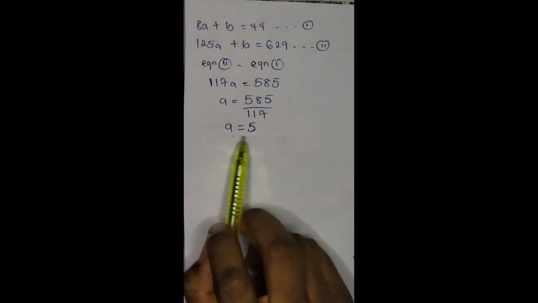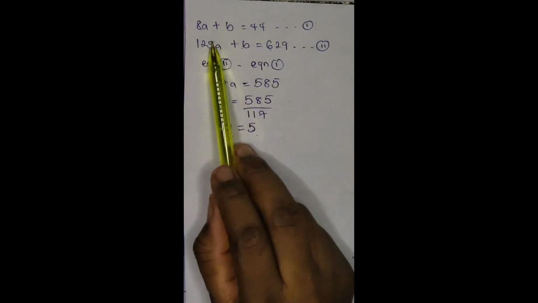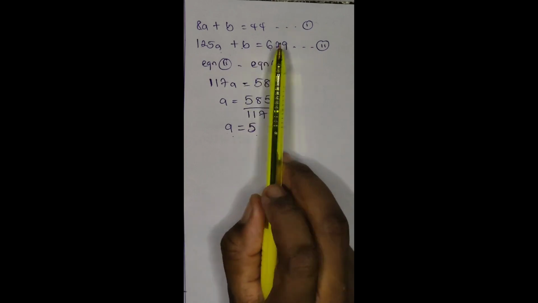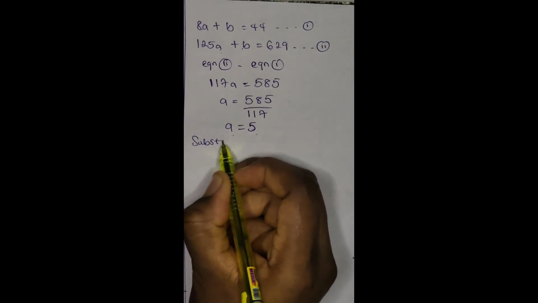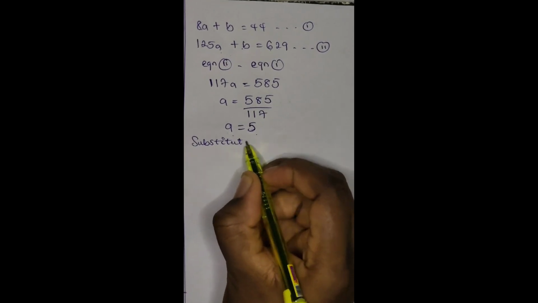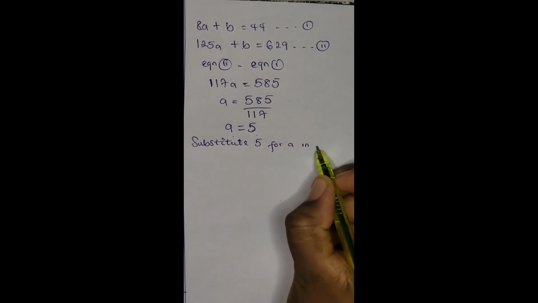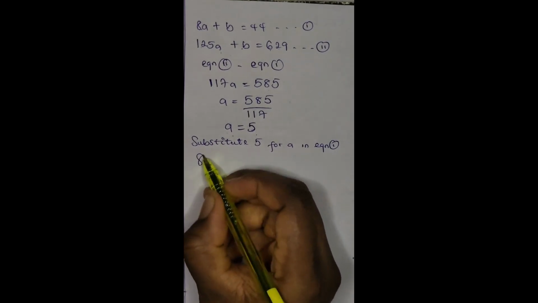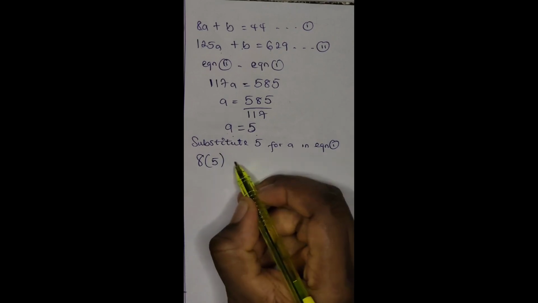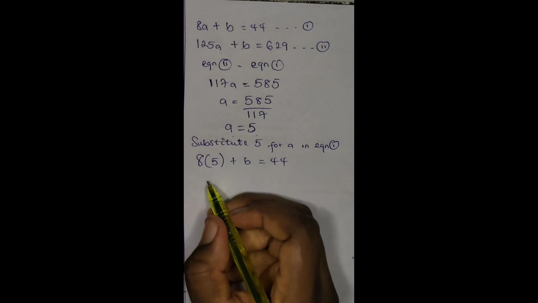So having gotten our a, we can substitute 5 for a into either equation 1 or equation 2. Okay, let's go with equation 1. Substitute 5 for a in equation 1. This will give us 8 times 5 plus b equal to 44. 8 times 5 is 40, right?